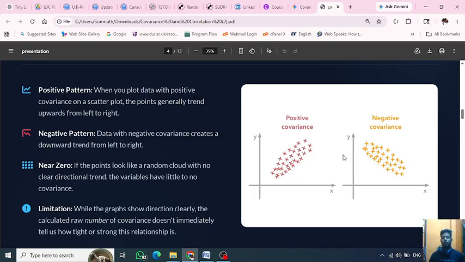And if you see in this plot, it's scattered. You cannot clearly see any direction. In that case, it's near zero or no relation. That means no relation there, if no particular direction you can see.